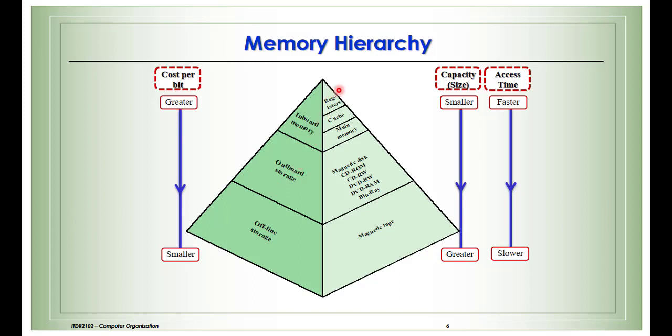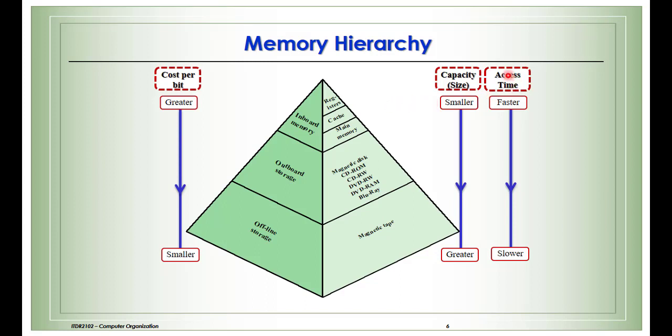If we move from the top to bottom, for the capacity, the size will become bigger. The register is a very small memory, then the cache is bigger than the register, then the main memory is bigger than the cache, etc. So moving down this hierarchy, the size goes from smaller to bigger capacity.